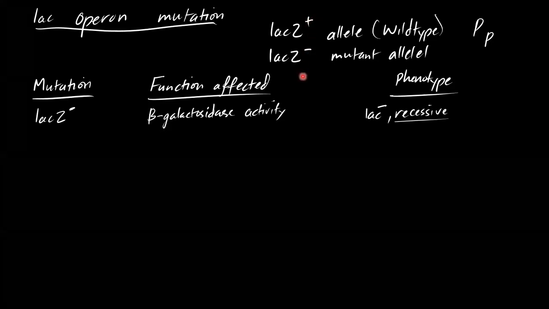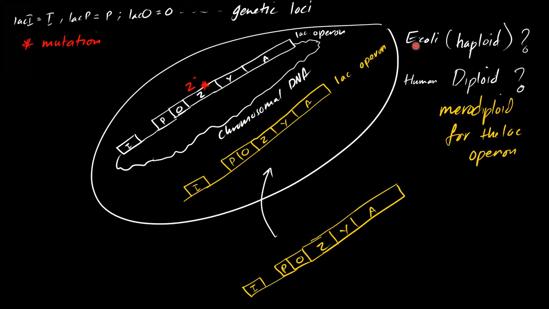Remember, we typically discuss dominance and recessiveness in the context of diploid organisms, because these organisms have two copies of the same gene. Bacteria are haploid. We cannot apply dominance and recessiveness relationships to haploid organisms because they have only one allele of each gene.